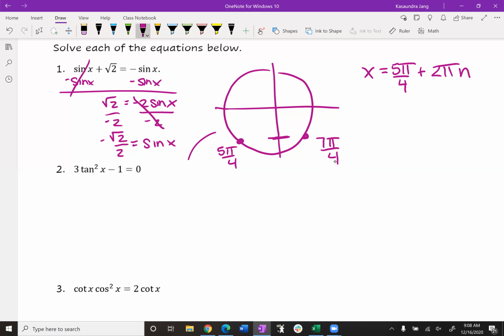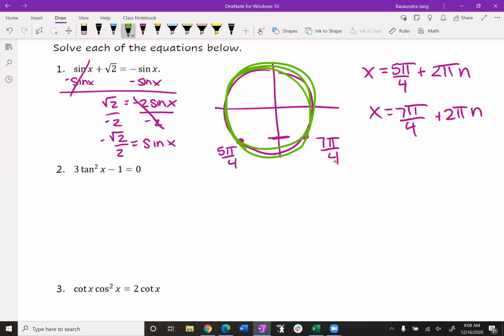So that was from this 5 pi/4, and it happens then at the 7 pi/4, and every full circle after that, so plus 2 pi n. So I go again and again, every 2 pi, every full circle that I go, I keep landing on that same spot. All right, so this is how we're going to write our answers.